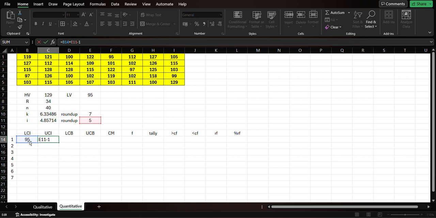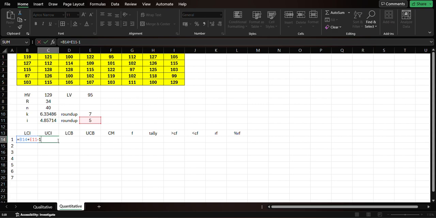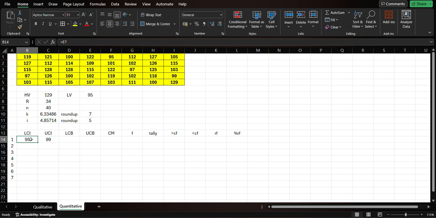So why is it that it became 100? It became 100 because once we added this 5 to 95, 95 is not included in the group. So to fix it, I'm going to add a -1. This is just applicable for the first group. Okay? I'm going to include -1 so that 95 is included in the first group.